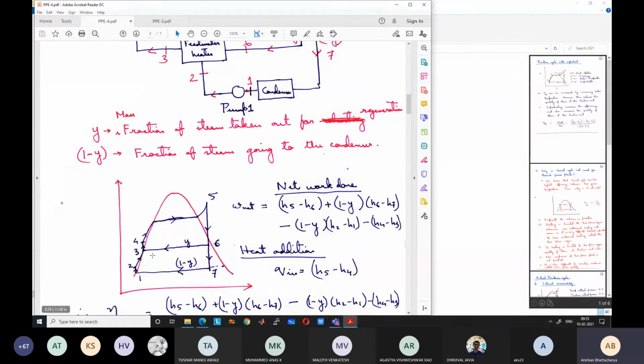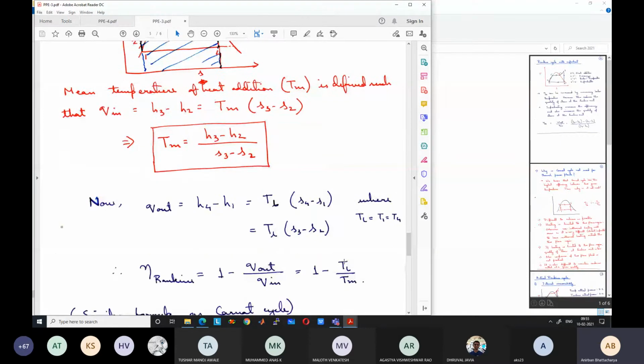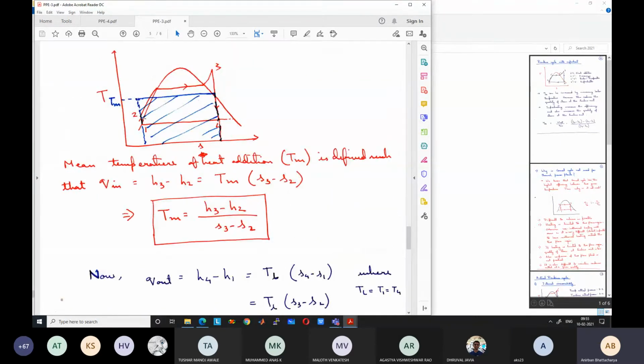So the main problem in reducing the efficiency of the Rankine cycle was that we had a part of the process which was at low temperature. So this was decreasing the mean temperature of heat addition. If we can remove the low temperature heat addition as much as possible, we can significantly increase the efficiency because the mean temperature of heat addition increases.